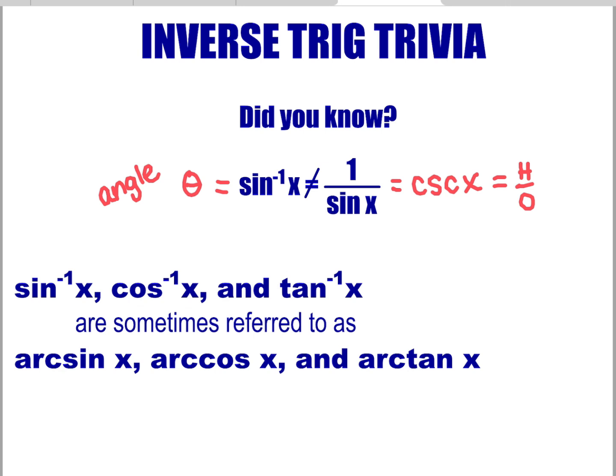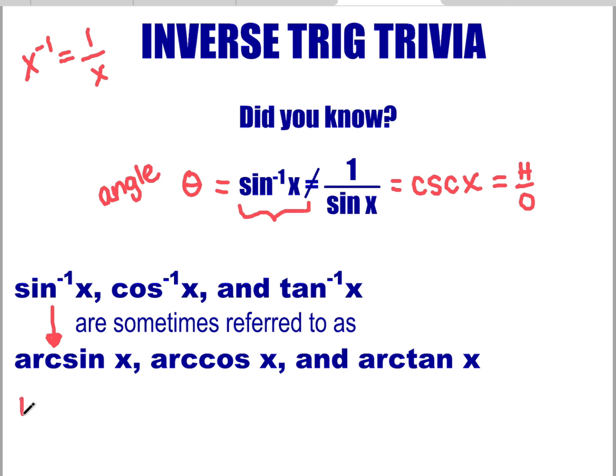Another thing to know is that there's an alternate way to write this, because a lot of people would get confused, because honestly, x to the negative 1, that notation does mean 1 over x. So that's confusing. Why would they use that same notation? Well, some people agree. Instead of using sine to the negative 1 of x for inverse sine, they decided, well, why don't we just call it arcsine of x, arccosine of x, arctangent of x.